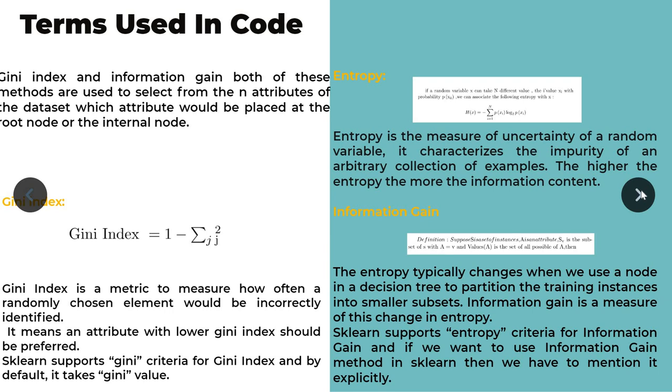Information gain is a measure of this change in entropy. sklearn supports the entropy criterion for information gain, and if we want to use the information gain method in sklearn, then we have to mention it explicitly.